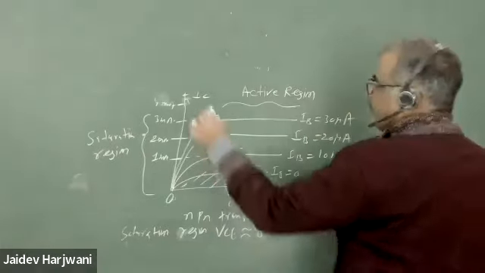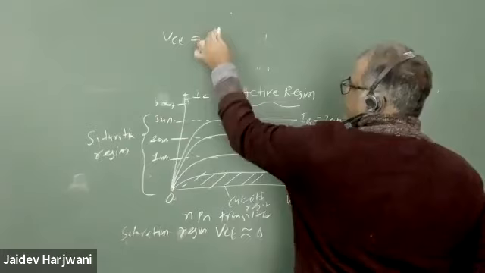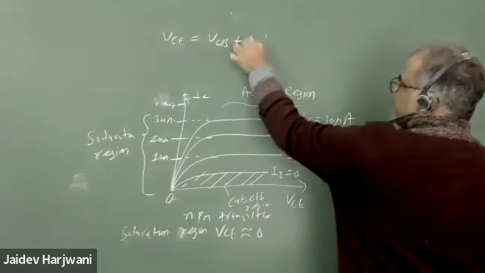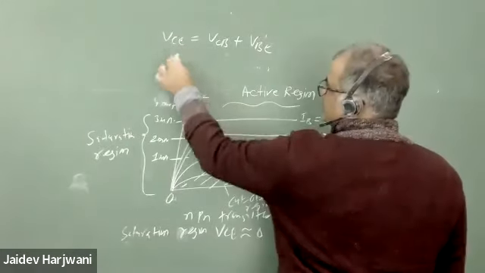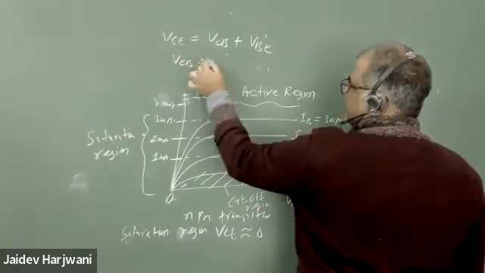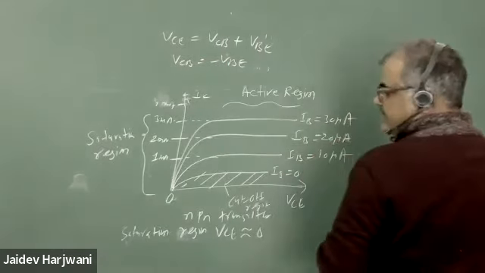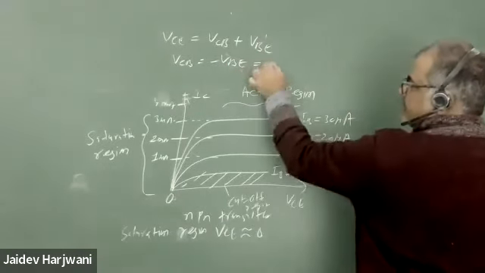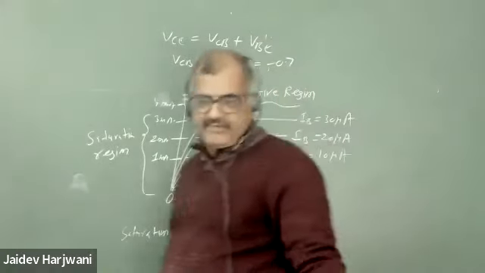Now, I told you VCE equals VCB plus VBE. Once VCE is 0, my VCB becomes minus VBE. In an NPN transistor, this becomes minus 0.7. So VCB becomes negative.